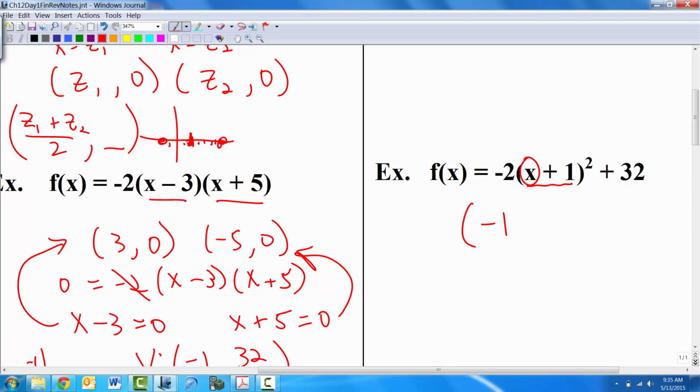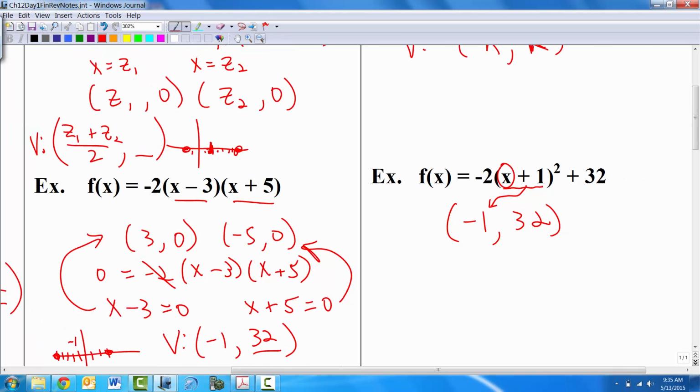And the answer is -1. Or x plus 1, the opposite of plus is minus. Whatever you got to do to get it memorized, this is what happens. And then when I plug in -1, -1 plus 1, 0. 0 squared is 0. 0 times -2 is 0. 0 plus 32 is 32. Wait a minute. That's the same vertex as the last two.